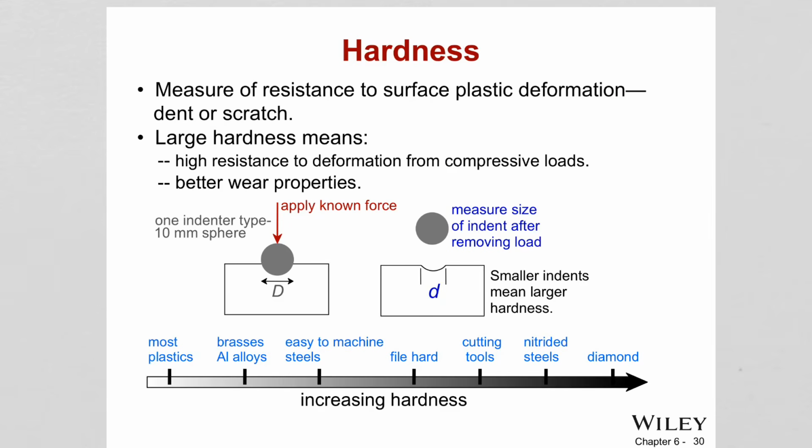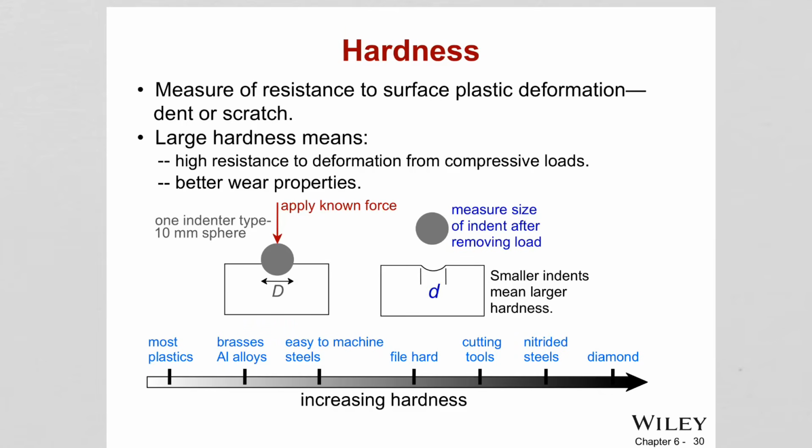So what is hardness? It is another mechanical property of materials. It is the measure of resistance to surface plastic deformation, or the resistance of the surface to being dented or scratched.